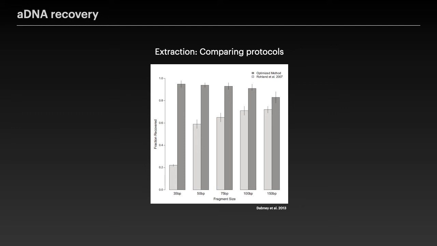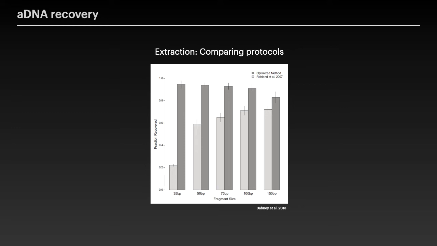With the second method, referred to as optimized on the graph, you can see that you get a much higher fraction of recovered short fragments, for 35, 50, and also 75 base pairs, basically for all fragments. So this graph shows that this optimized protocol has the potential for recovering much shorter fragments compared to the previous method.